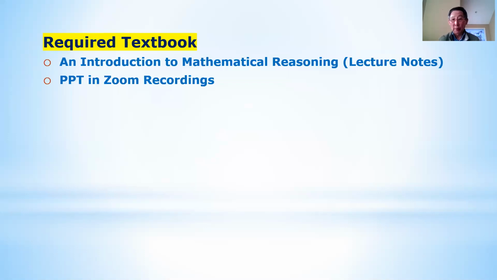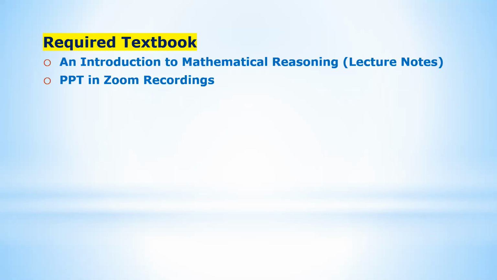So required textbook. Actually, there's no required textbook. Right. And sorry, I haven't updated the name yet. It's not called Mathematical Reasoning. It's called Advanced Calculus 1. And basically, most of the information will appear in my PowerPoint presentations.